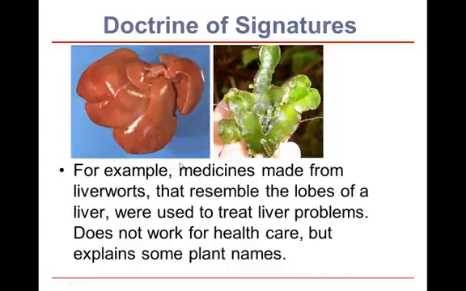And it's just showing the lobe structure of the liver and the lobe structure of the liverwort. This definitely doesn't work. There are no effective or efficacious drugs or chemicals in the liverwort that help liver disease. So it doesn't work for healthcare, but it does help to understand, explain, and remember some plant names. So with that, we'll close this module.